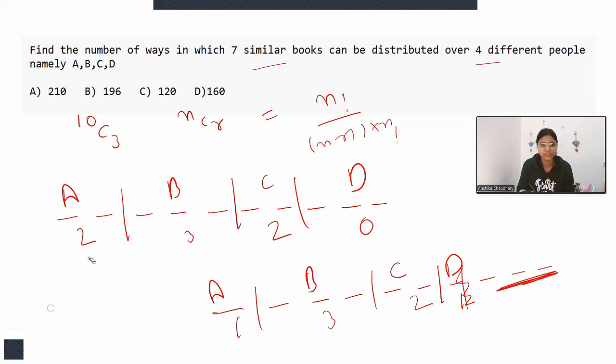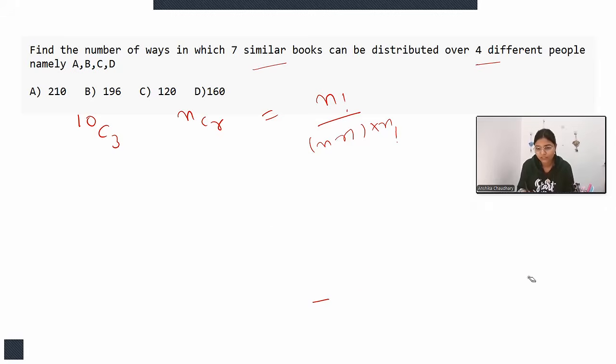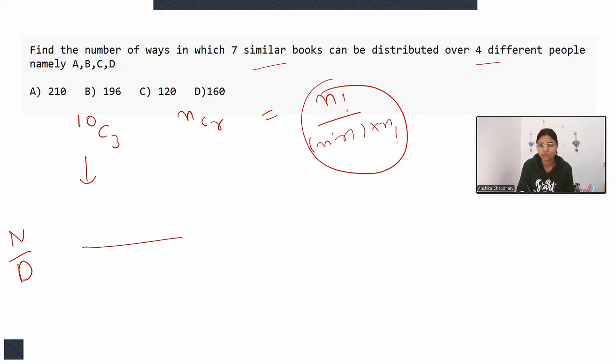Now let me remove this part. Okay. Now for solving this 10C3, we have a numerator and denominator according to this formula. So in reverse order I will go, and here we have 3. So I need to make sure that there are only 3 terms in the numerator, right?